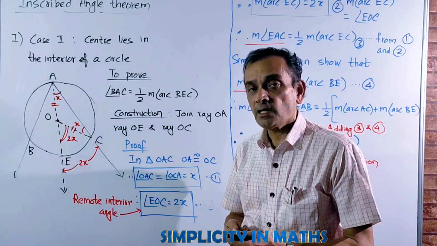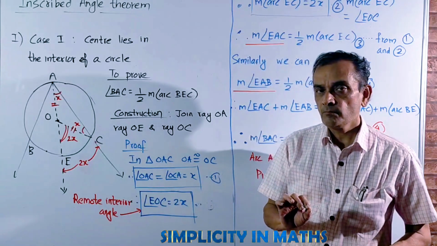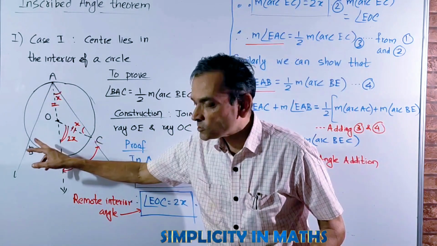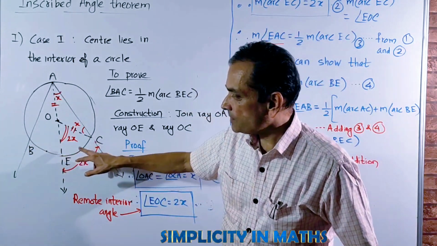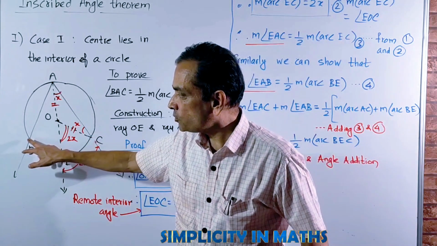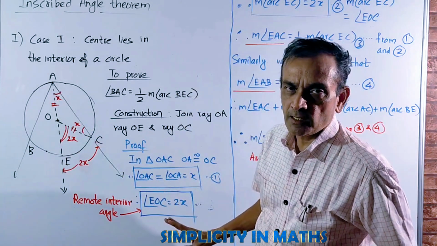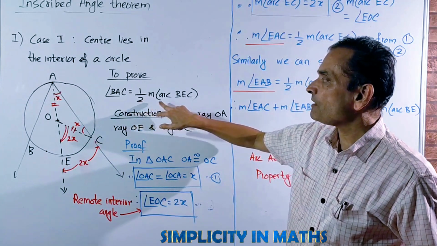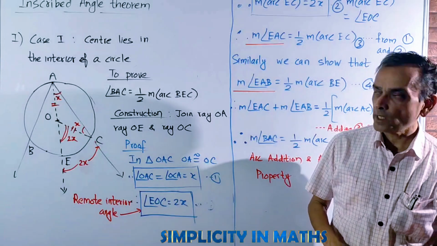It is not the length of the arc; the length of the arc is in centimeters. Arc is also measured in degrees, and the measure of this arc is equal to the measure of the central angle. We'll see that later. So we have to prove angle BAC is equal to half the measure of arc BEC. That is the inscribed angle theorem.